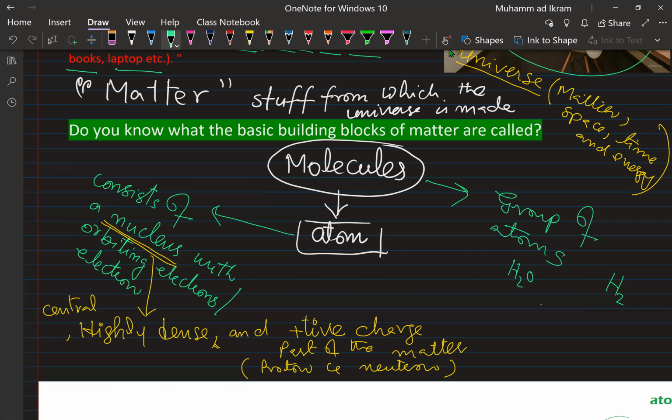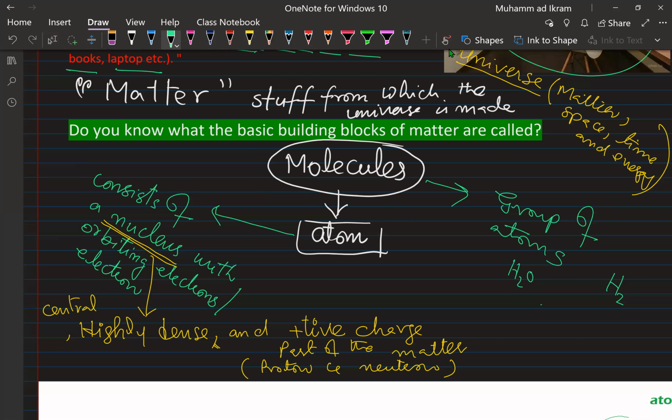So the basic structure of matter is the atom itself. In the past, in the Greek era, atom was considered to be indivisible, but now it is divisible, right? Because atom consists of electron, proton, and neutron.